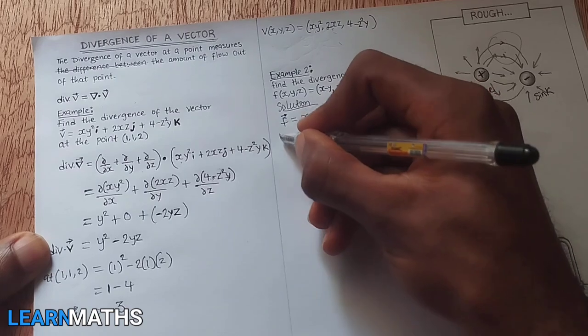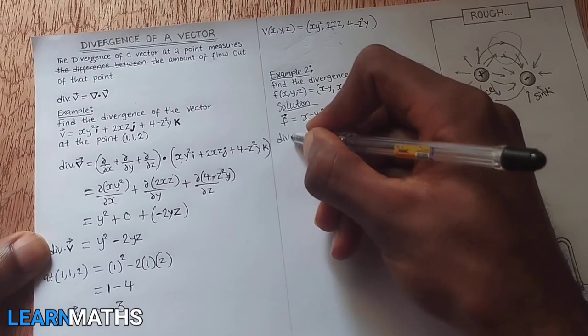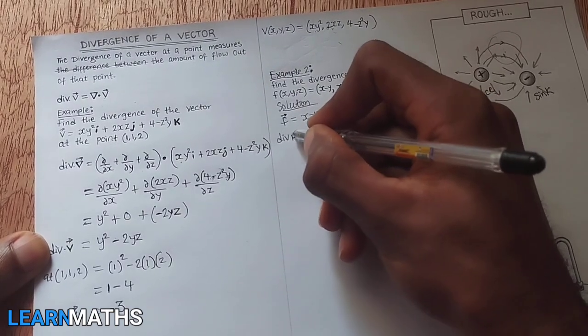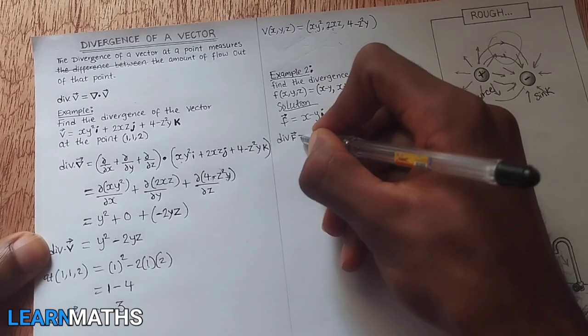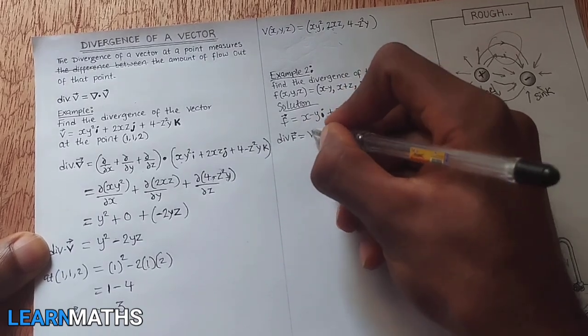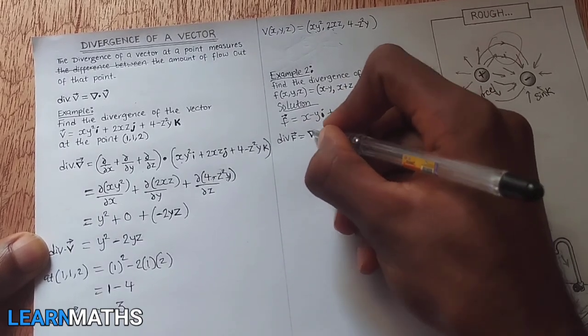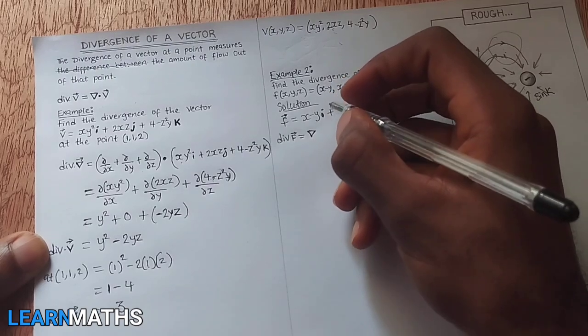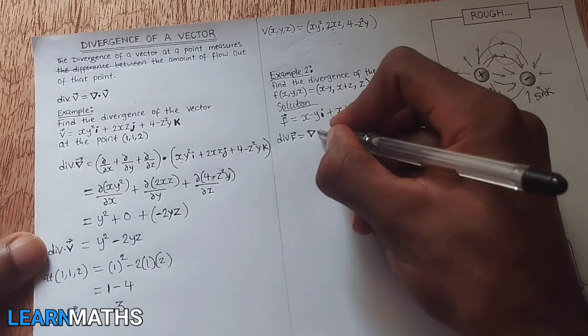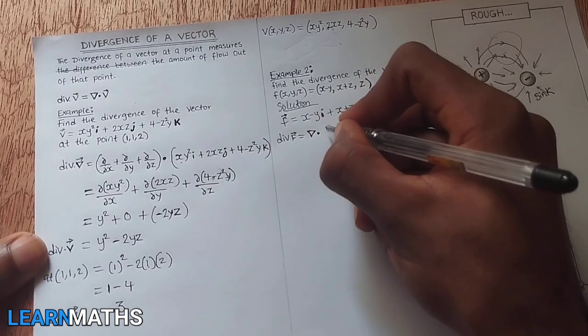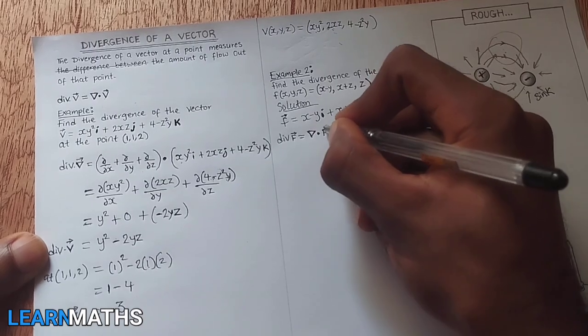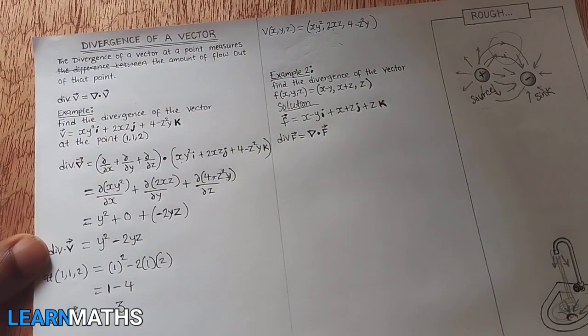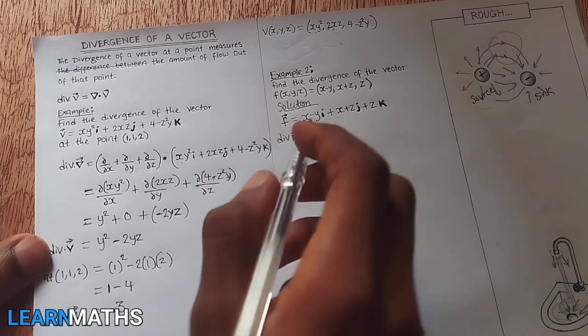The divergence of the vector f is giving us the sum of every partial differential multiplied by the vector itself. That's scalar multiplication going on there. So let's see, what does this partial differential look like?